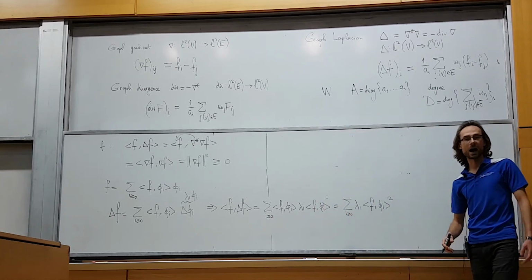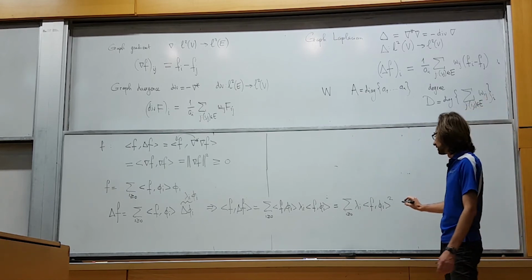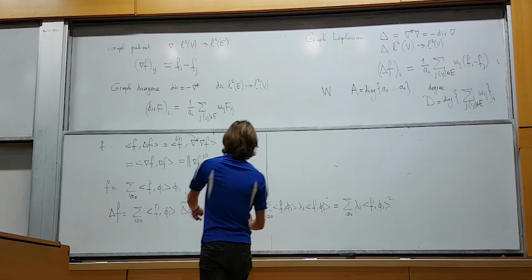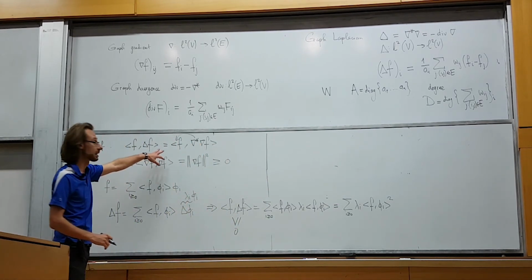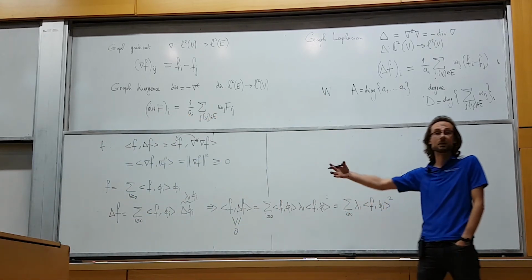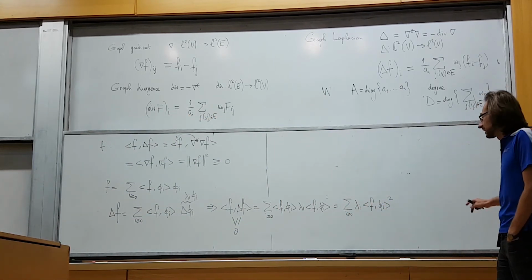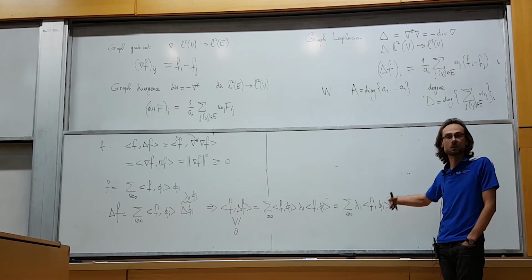Okay? So I know that basically this has to be a non-negative quantity, right? Because I proved that my operator is positive semi-definite. Now I choose f. It has to be non-negative for every f. So I can select an f that gives me exactly one non-zero coefficient here, and all the rest are zero.